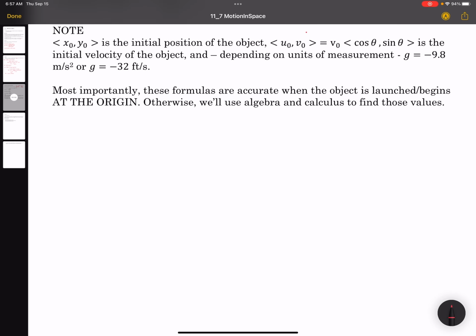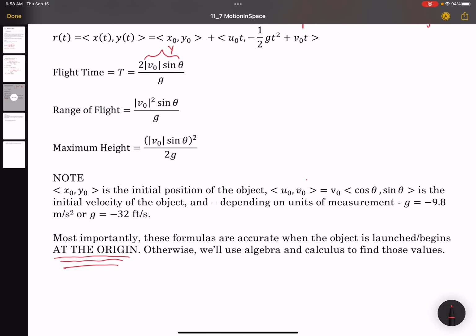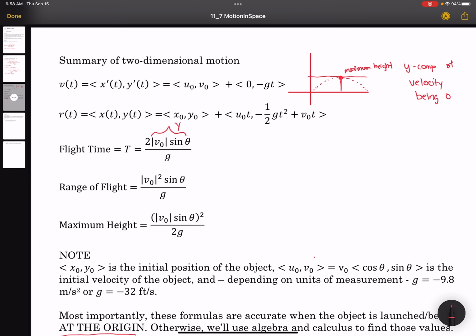So the important part here is that this is from the origin. And if it's not from the origin, we'll have to use other things like deriving the formulas in general and starting out. So for these formulas, what's important is the velocity.